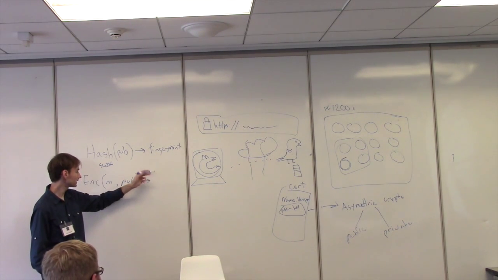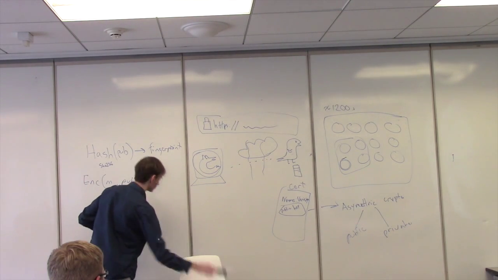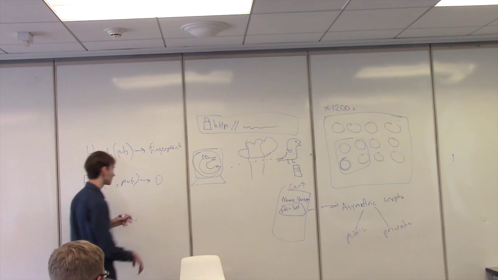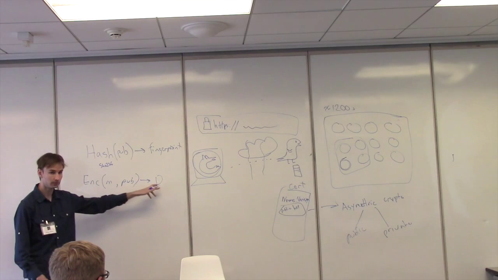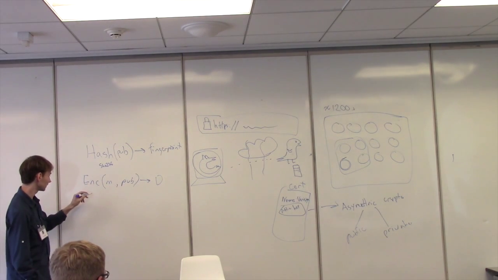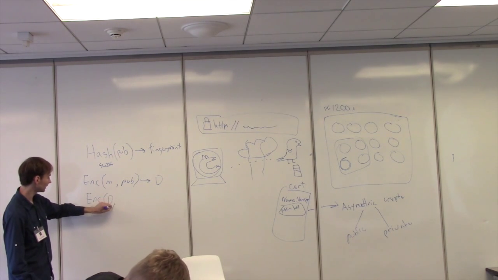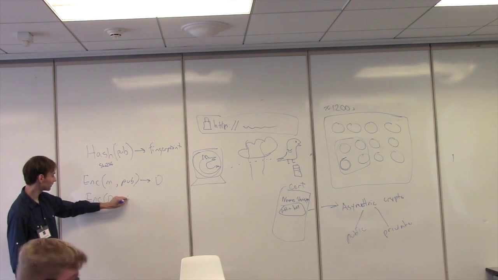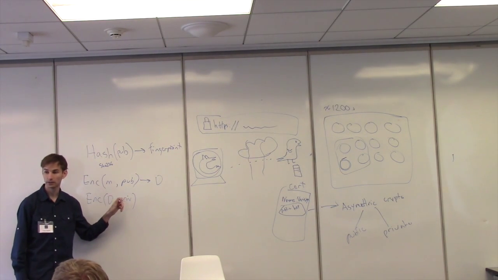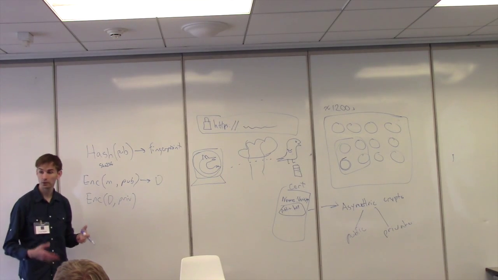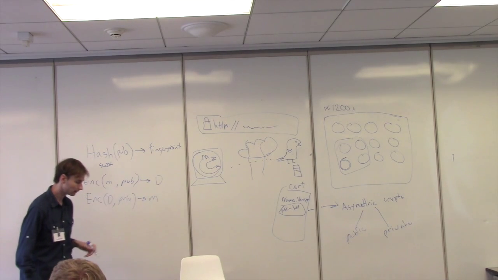We'll call the result D, for encrypted data. Once you receive D, you call this encryption function again, and this time you pass it D, and instead of your public key, you put in your private key. It's called private because you're not supposed to share it with anyone. If you share it, those people will also be able to read the messages being sent to you. And that gives you back your M.